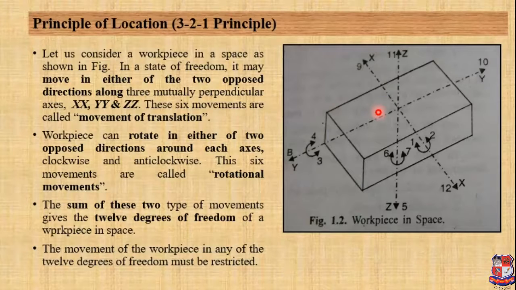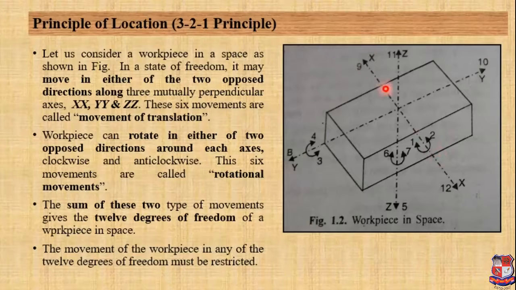It can move in either of the 2 opposed directions, and all these movements are called movements of translation. So let us see what the movements of translation are. Let us consider first the x-axis. Here this workpiece can translate to this side, and it may move to this side also.